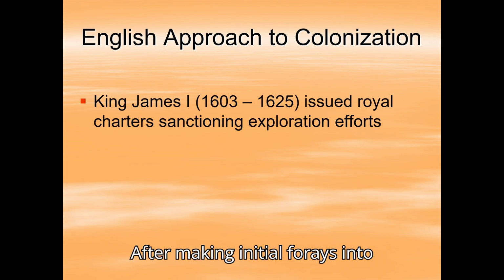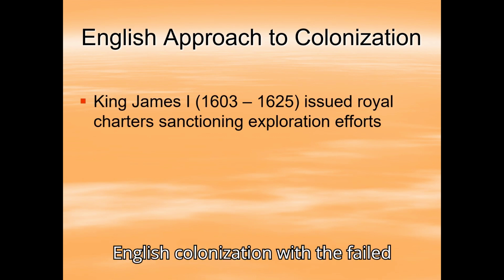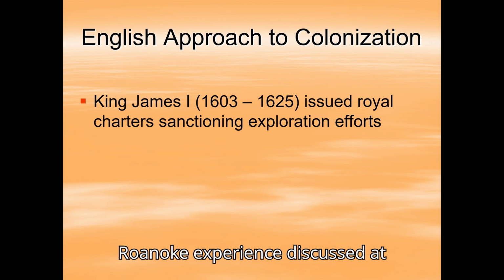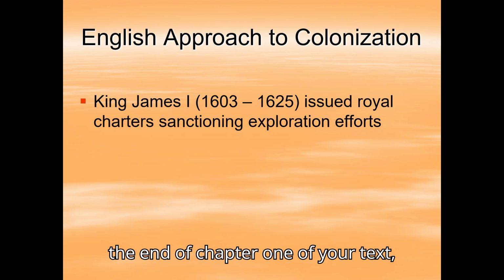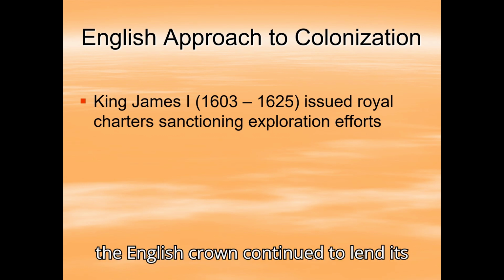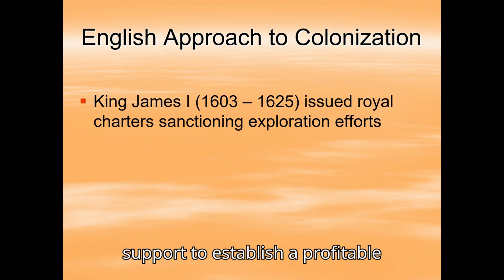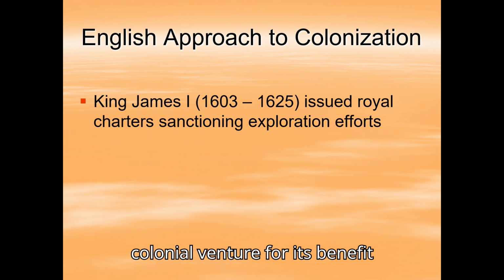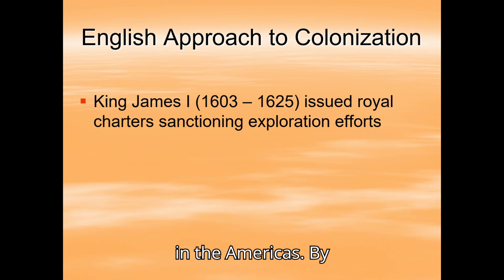After making initial forays into English colonization with the failed Roanoke experience, discussed at the end of Chapter 1 of your text, the English crown continued to lend its support to establish a profitable colonial venture for its benefit in the Americas.